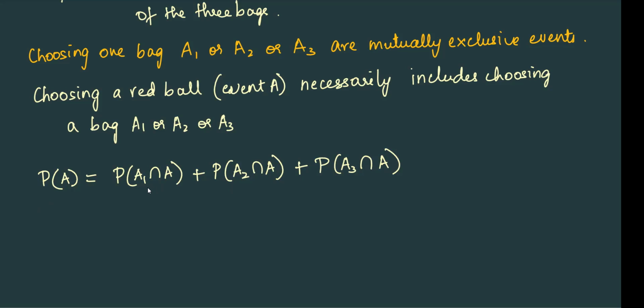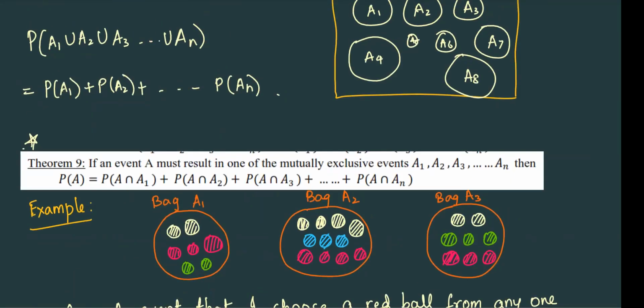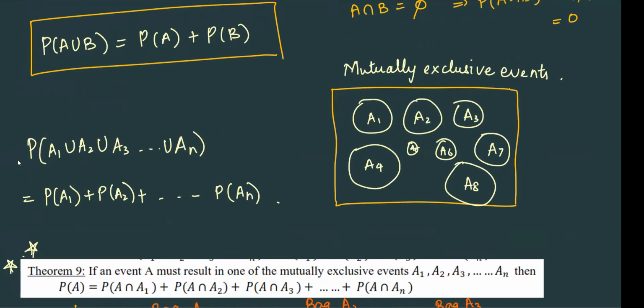That is, probability of A1 intersection A plus probability of A2 intersection A plus probability of A3 intersection A. Is this clear?